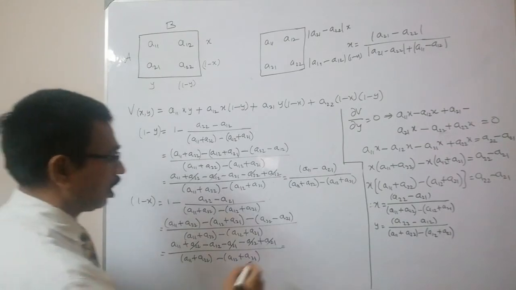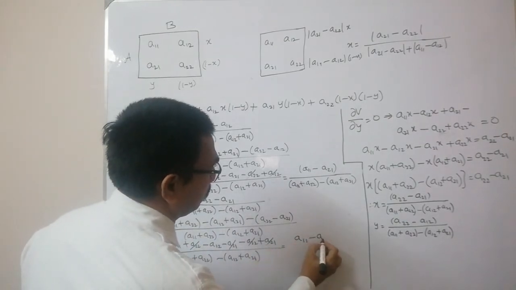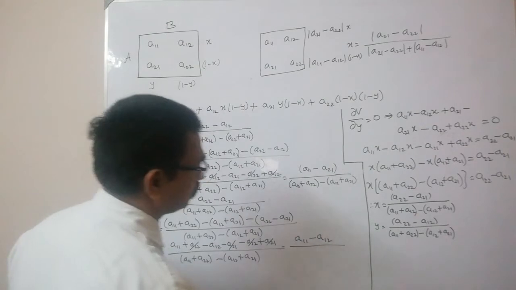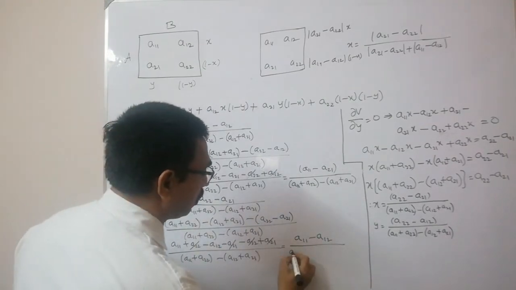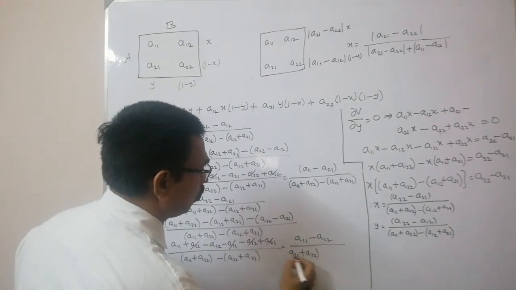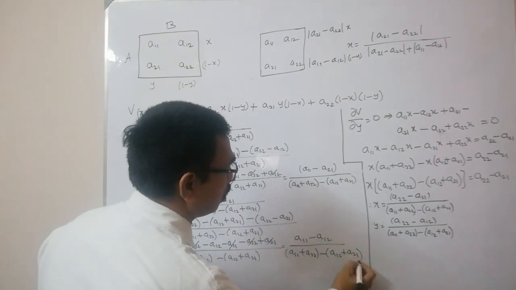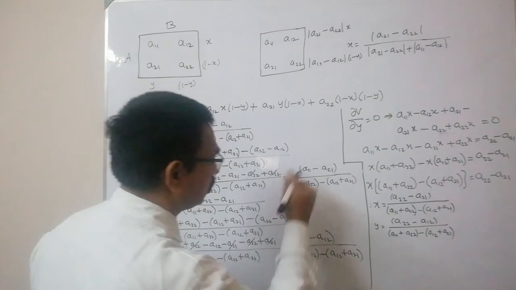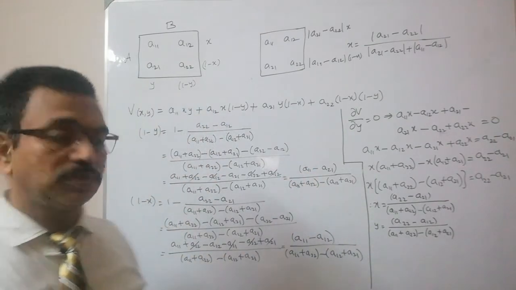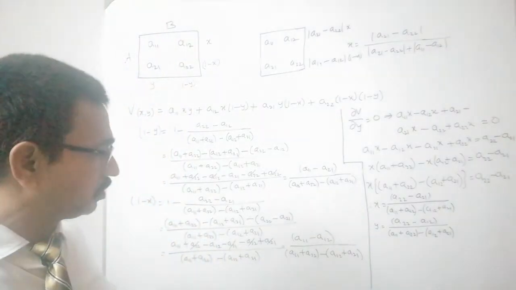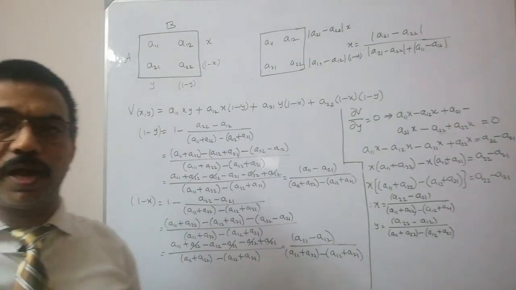Now a11 minus a12 by (a11 plus a22 minus a12 plus a21). So these are the values of x, y, 1 minus x and 1 minus y.